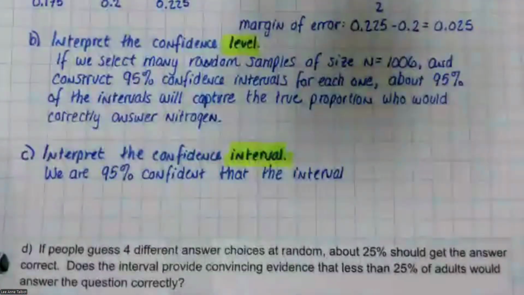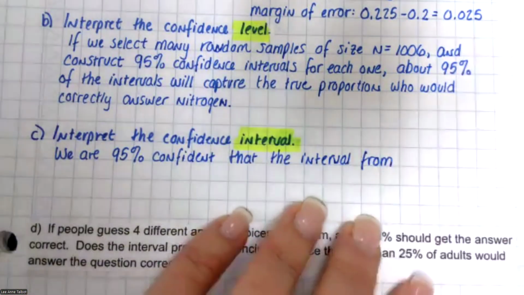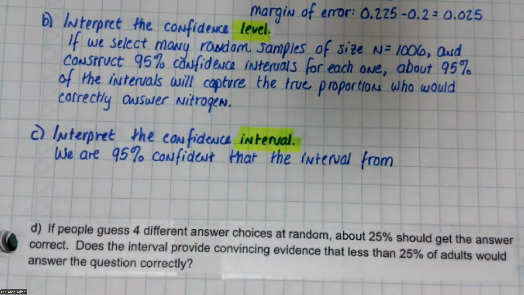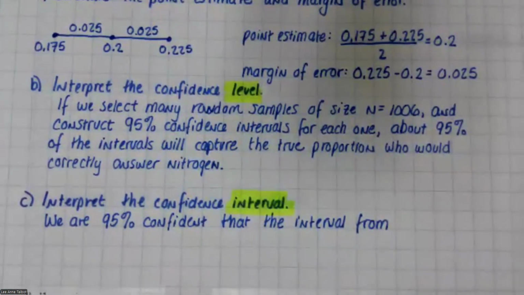Did I say of or from? From. Okay. We are 95% confident that the interval from low to high, what was the low and what was the high?